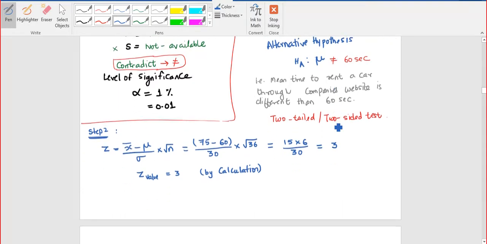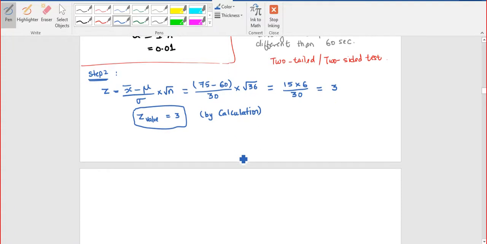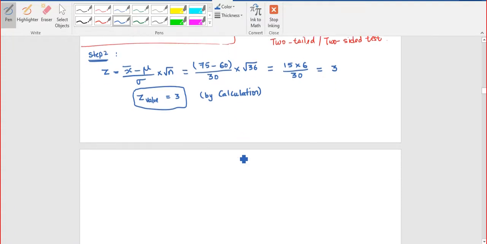To do that, we will compare this calculated value of z with the already existing values, which we have in the form of a table, and I'll show you how to get those values. Then we identify the critical region.